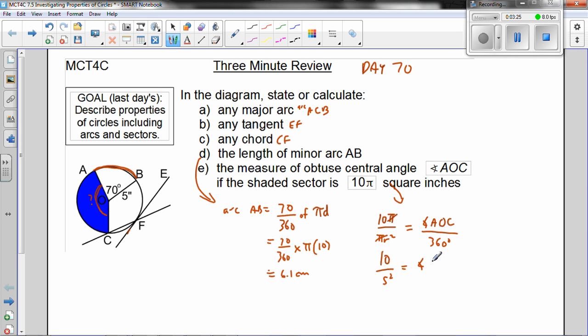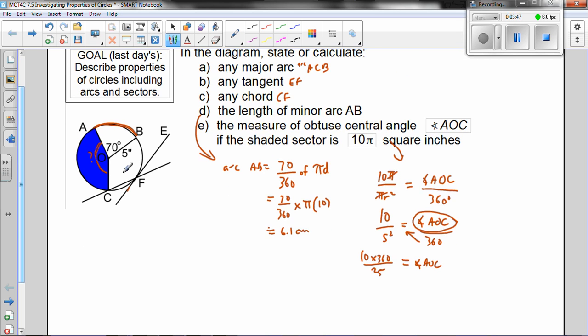And now we're off to the races, right? Cross multiply because it's this thing that I want to solve for. So I got 10 times 360 divided by 5 squared, 25, and that's angle AOC. And hopefully this makes sense. It looks like it's an obtuse angle. It should be an obtuse angle, and it is 144 degrees. Nice. That's the 3-minute review.